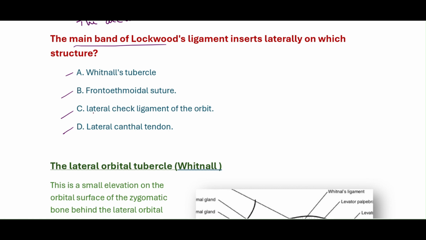It joins the lateral cheek ligament but doesn't insert into it. Lateral canthal tendon, again, this inserts to the bone and attached to the other surrounding structures like the periosteum, like the lateral cheek ligament of the orbit.